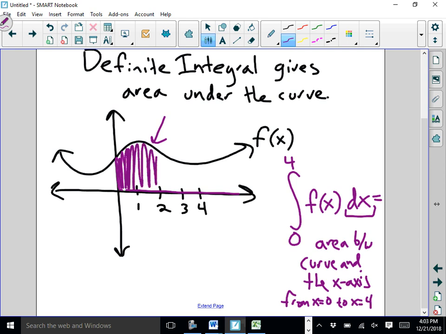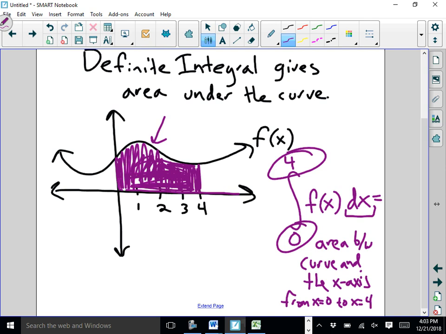Notice I started at 0 and I stopped at 4. The reason is that those were my limits of integration. Now you can see immediately why this was useful.